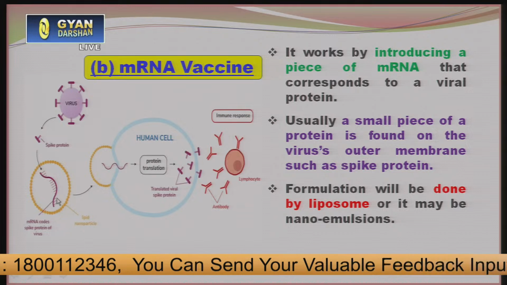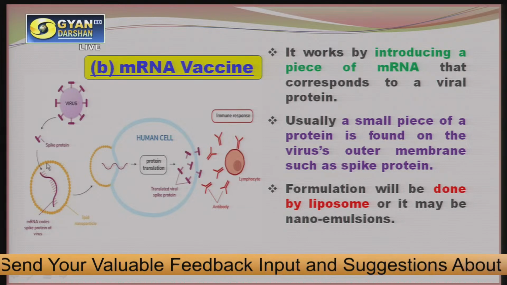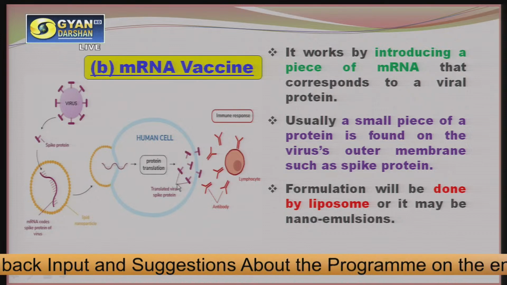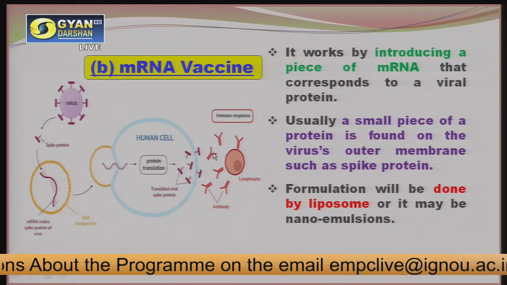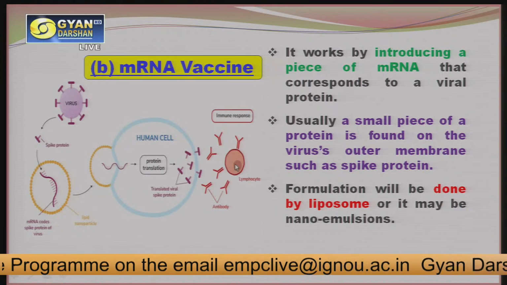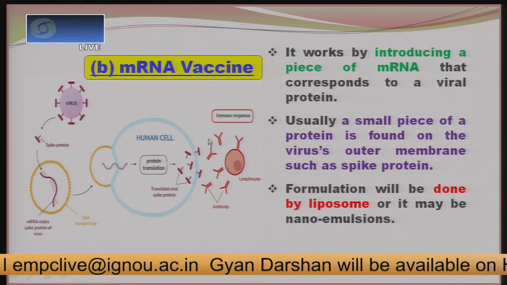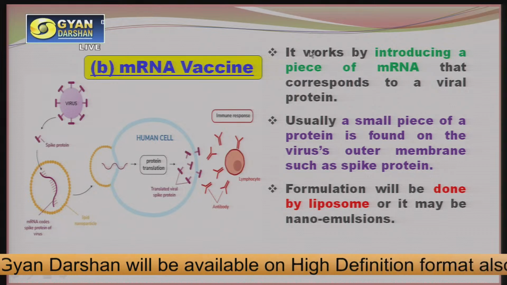So we can utilize it as a vaccine. We can inject it inside the body. The cells are able to produce the spike proteins. These spike proteins are able to produce antibodies. These antibodies can kill the pathogens. So these are the mRNA vaccines.